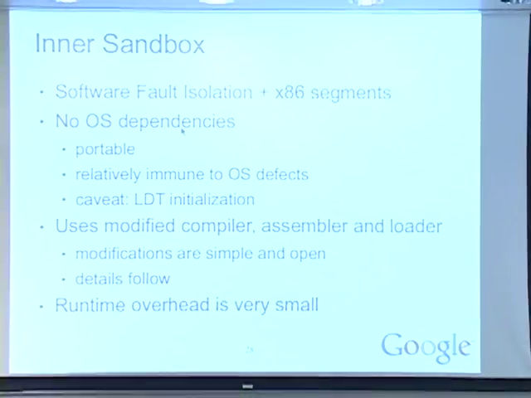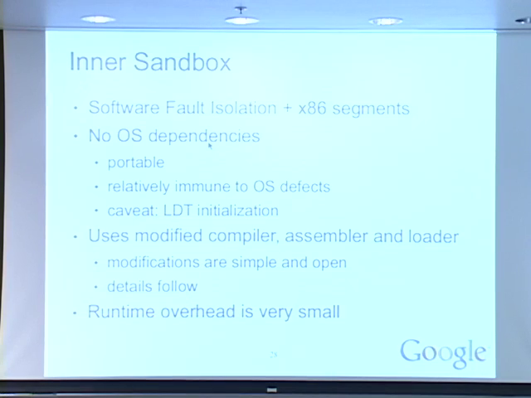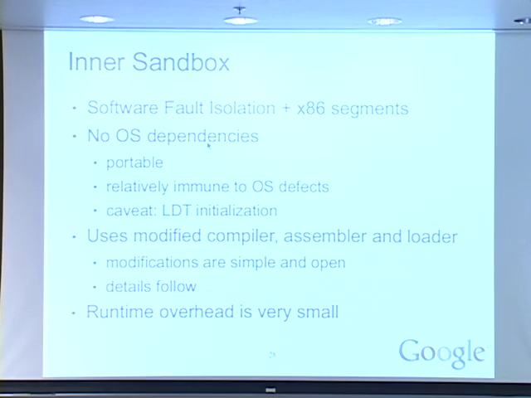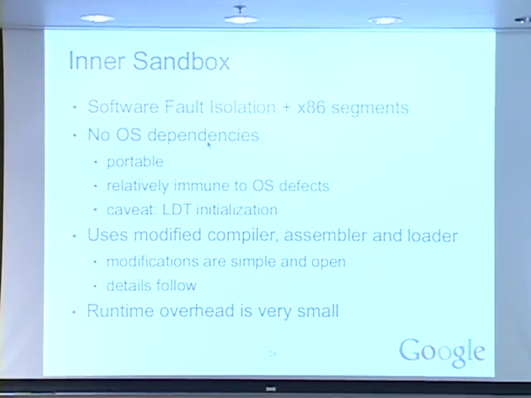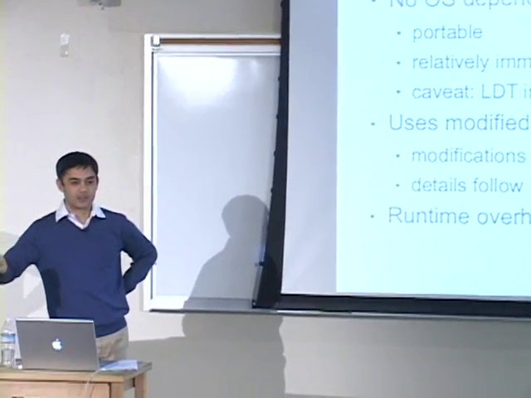The inner sandbox applies 2 technologies that have been around for a really long time. The first one is software fault isolation. This was introduced by some seminal work by Wahbe, Lucco, Graham, and Anderson back in the 90s. And it's a really neat technique for constraining code sort of operating at the machine level. And the next mechanism is segmented memory, which all of you should recognize from your architecture classes. Hopefully they still teach segmented memory, right?